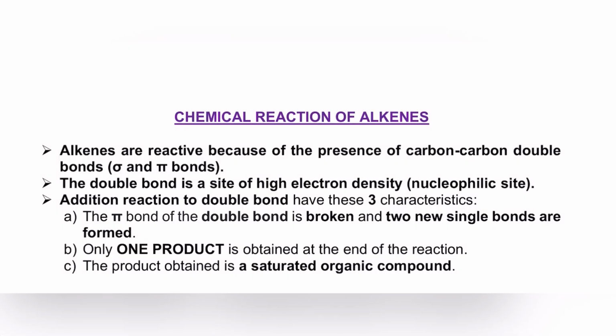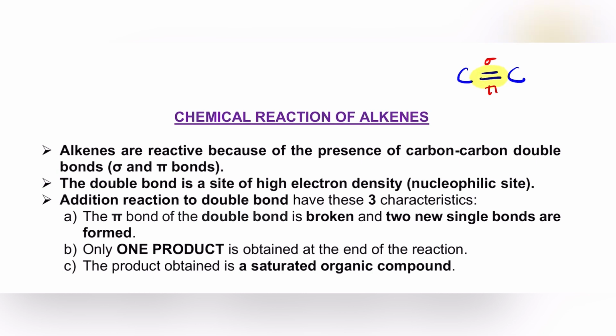So for alkenes dia very reactive because ada carbon-carbon double bond sebagai functional group. Kalau lihat untuk carbon-carbon double bond C double bond C, first line adalah sigma bond dan second line adalah pi bond. So double bond area dekat sini is very high density of electron.